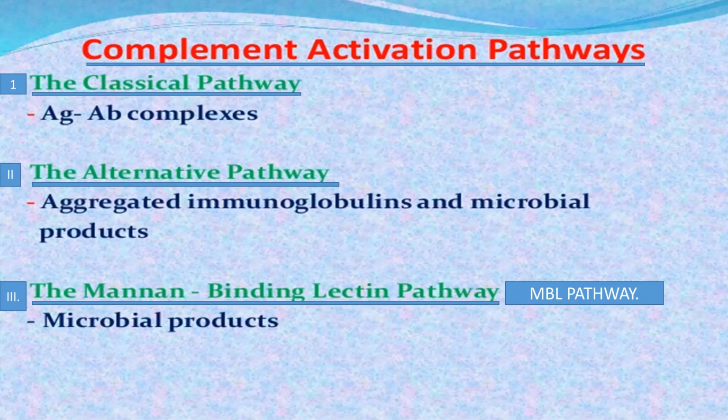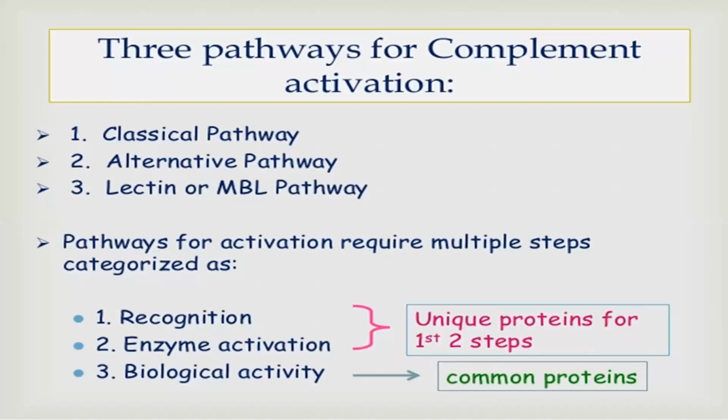The alternative pathway involves aggregated immunoglobulins and microbial products. And the third, the MBL pathway, is activated by microbial products. So we'll go one by one: the classical pathway, the alternative pathway, and the lectin or MBL pathway.